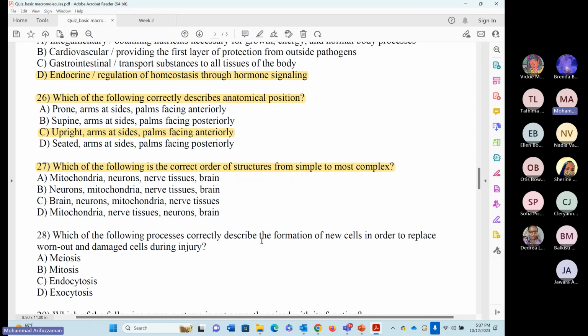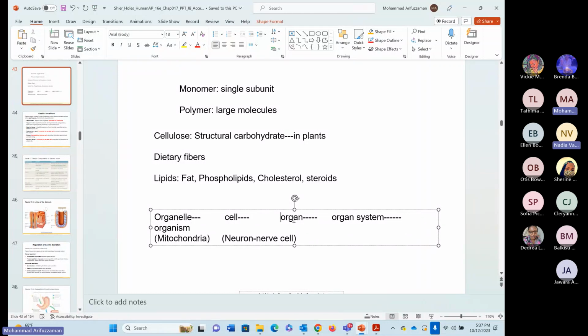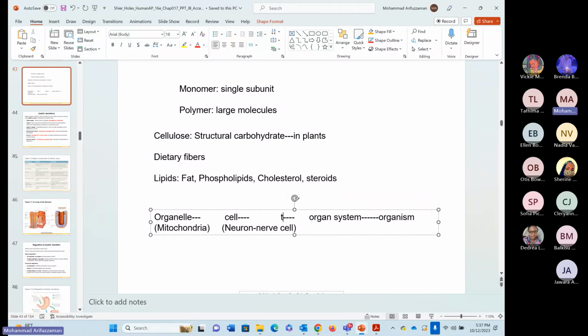There's no organ. And tissue: a group of cells forms the tissue. I think it should be tissue. So what are the tissues? The nervous tissue, right? So this is the simple to complex.